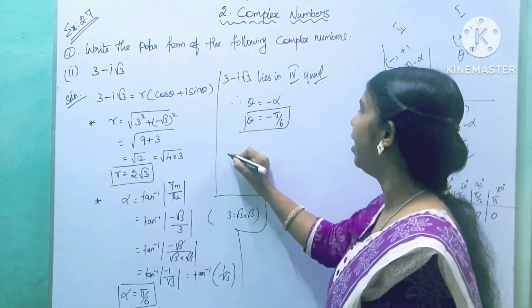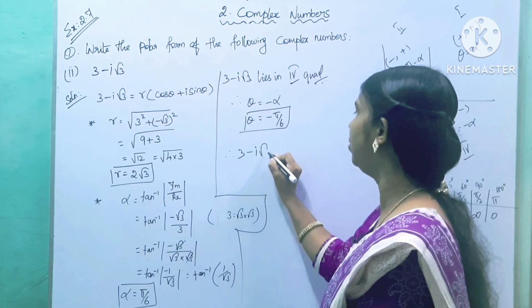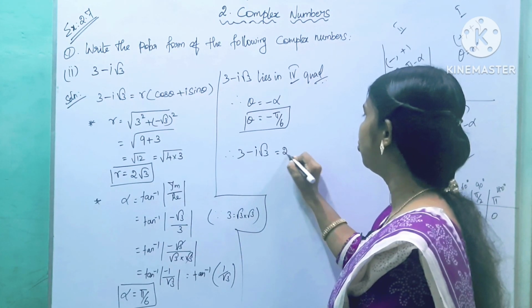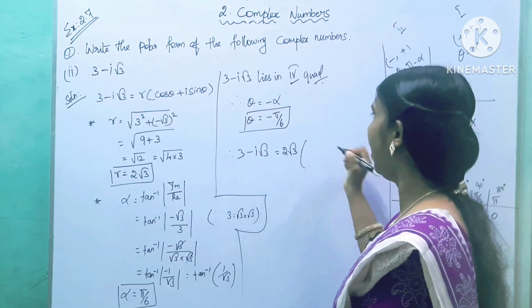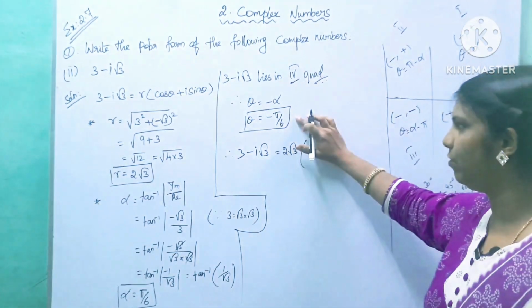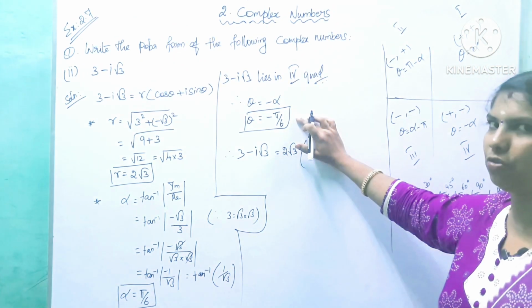This is theta value. Therefore, the polar form is given by 3 minus I root 3 is equal to R value is 2 root 3 and theta value is minus pi by 6. நம்ம already பார்த்திருக்கோம். Theta value is nothing but the principal argument. But other arguments also we should find out.